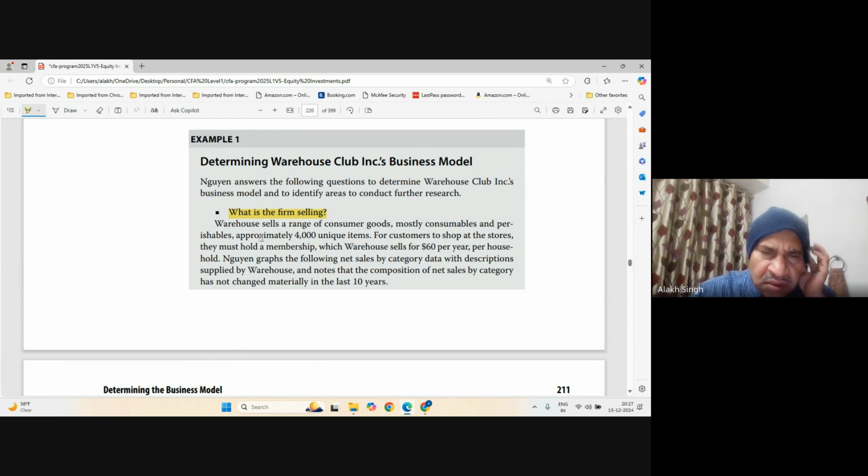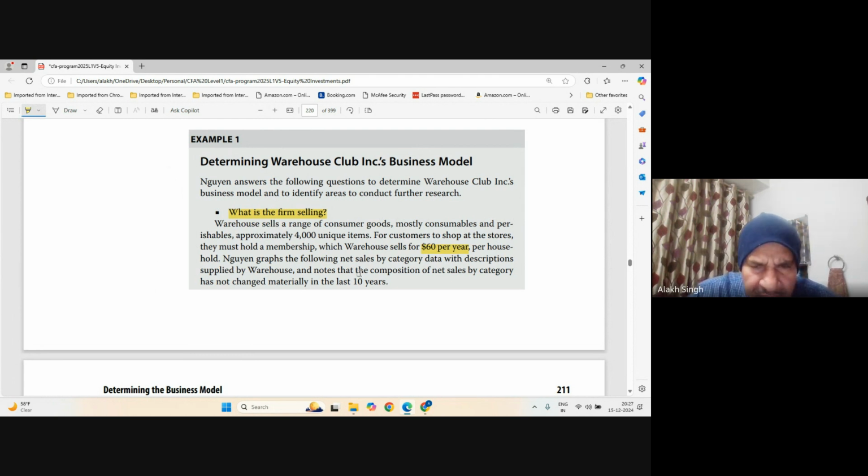It sells through stores, and for customers to shop at these stores, they must hold a membership, which Warehouse sells for $60 per year. So it is receiving revenue from two sources. First is membership, $60 per year, and another is the prices they pay at the store. So there will be some profit there also per household.